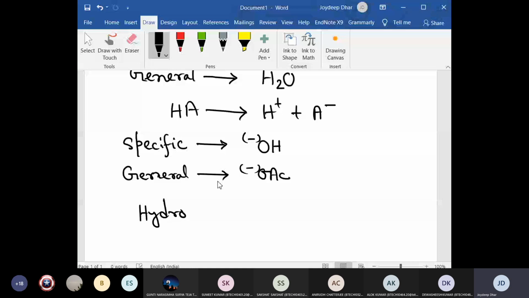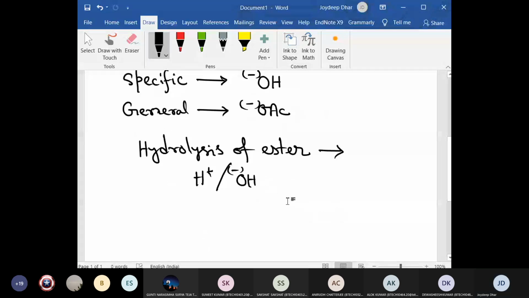In this case, you should have H plus as catalyst or OH minus as catalyst. If you are using H plus as catalyst, then it is specific acid catalysis.